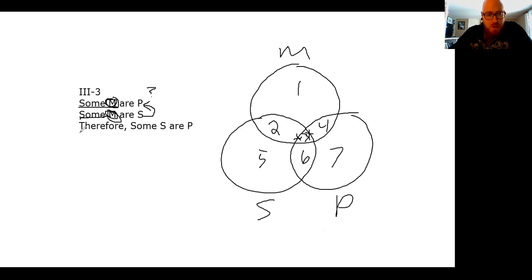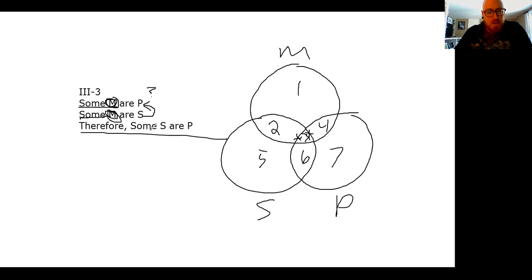Okay, so what's my conclusion? Therefore, there is at least one S which is a P. Well, what would give me that? If there's an X in region 6, I know there's an S which is a P. If there's an X in region 3, again, I know there is an S which is a P. But since I don't have an X either in region 6 or in region 3, I don't have the markings needed for the conclusion just by marking the premises as true.